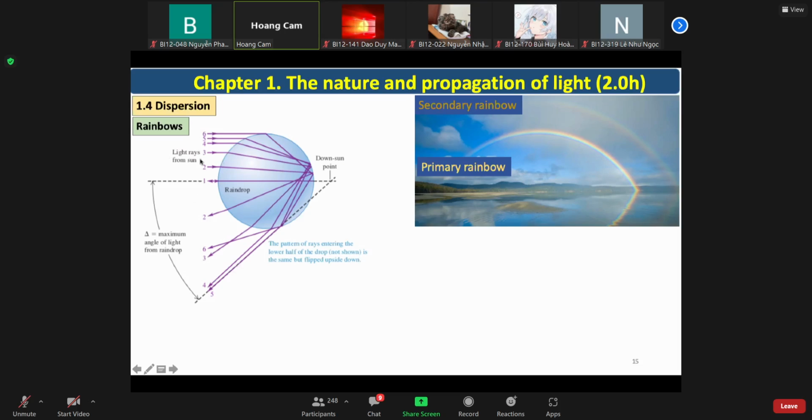So the direction of the incident rays is like this one. And we draw here only the upper half. If you draw the lower half, it would be the same as what is happening here, but we will use symmetry to draw the line of the refracted, or do we say, the outgoing light.